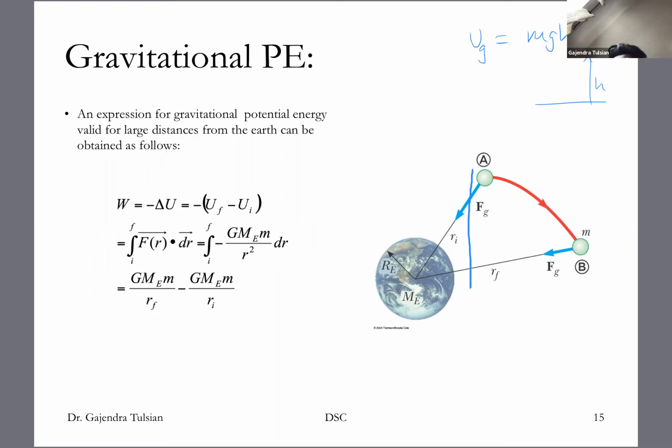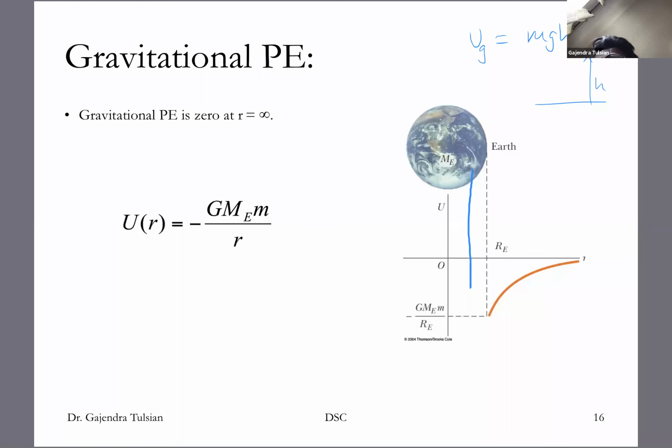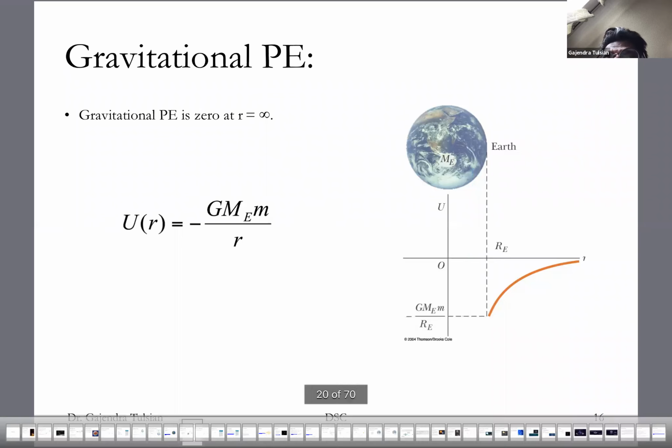So the gravitational potential energy between two objects is given by this expression. The gravitational potential energy between the Earth and some mass is minus G m1 m2 divided by the distance between the two objects. So if you have an object here, the gravitational potential energy between these two objects would be minus G times the mass of this object times the mass of that object, divided by the distance between them.